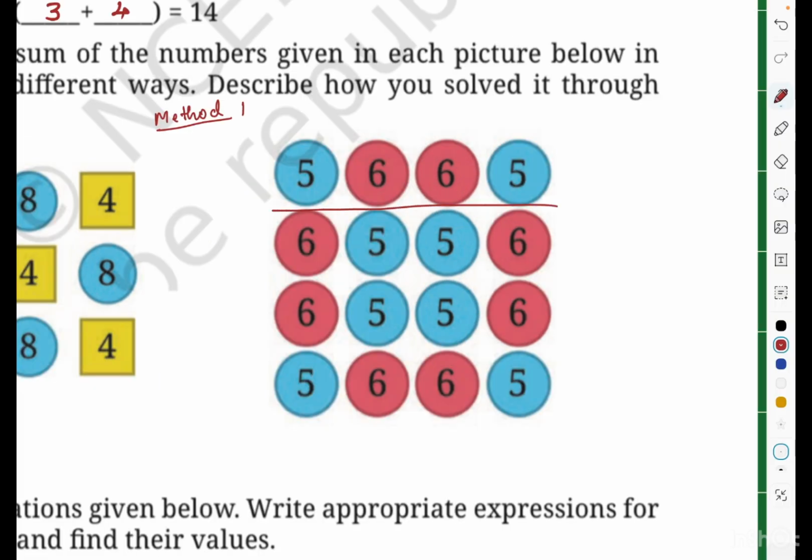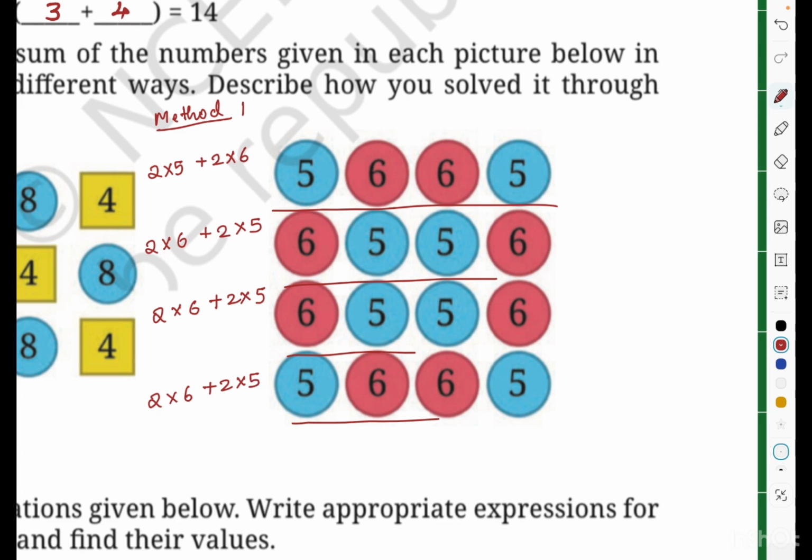Next we can solve in two methods. The next picture, in rows we can count. There are two fives and two sixes. Each row contains two sixes and two fives.